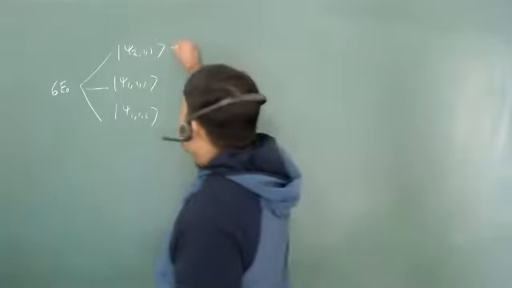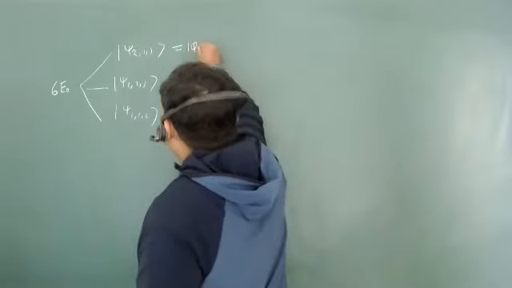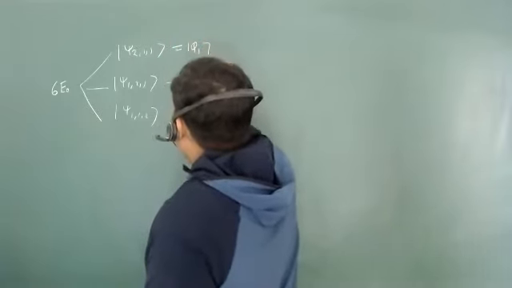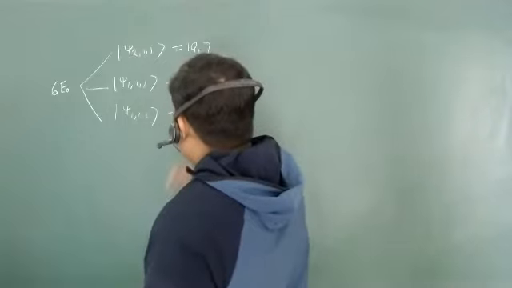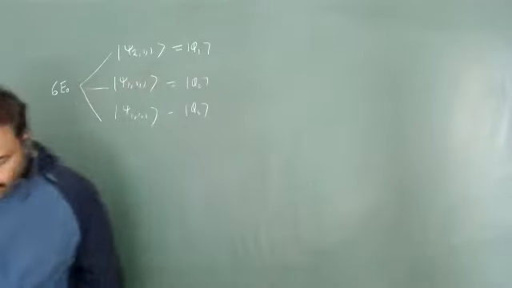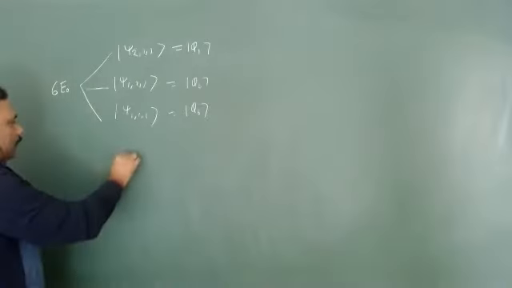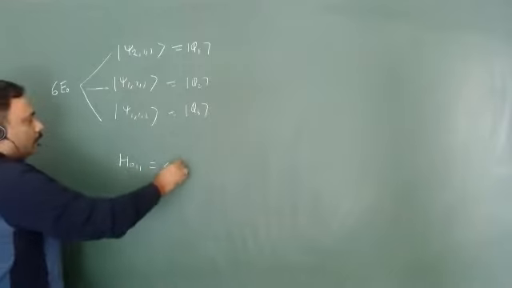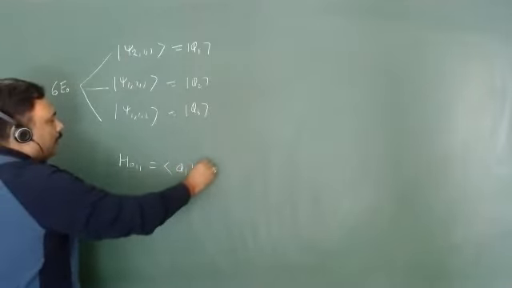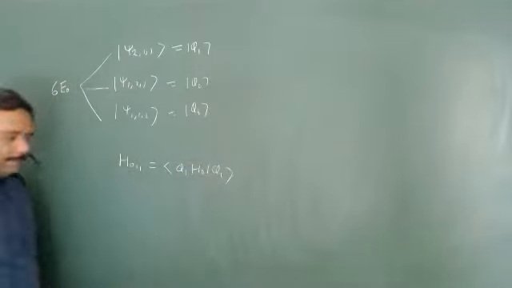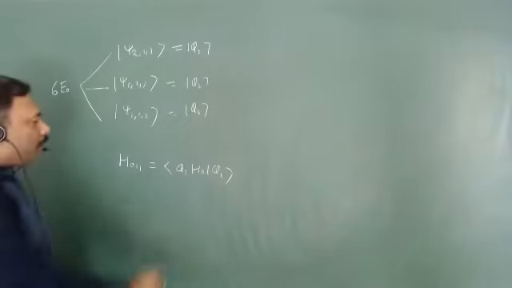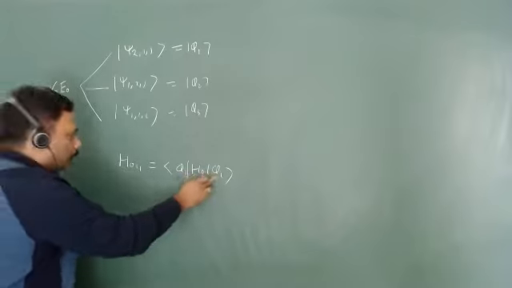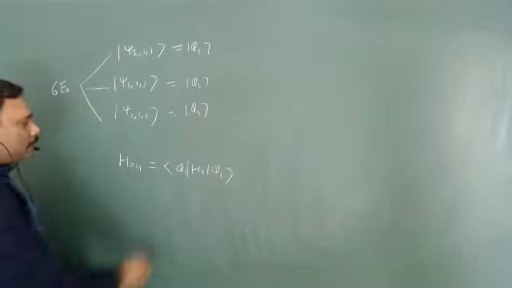Let us assume I am just writing this one as phi 1, this one as equivalent to phi 2, this one as equivalent to phi 3. So what will be your H naught 1 element? This is nothing but phi 1 H naught phi 1, isn't it? And if H naught operates on phi 1, what will you get?